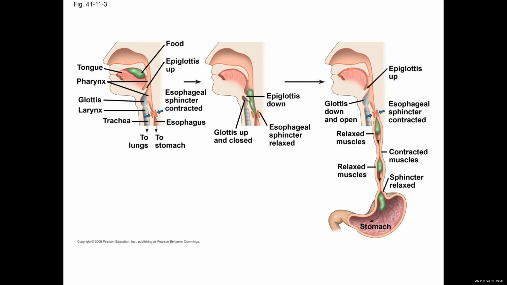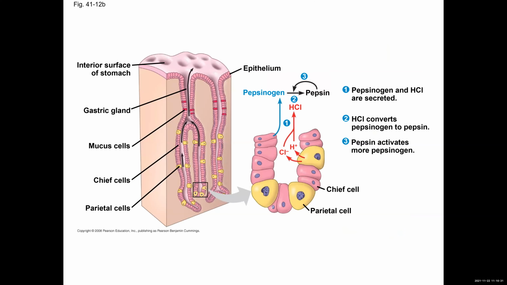The stomach's job is to store and mix food, and what it's going to mix the food with is digestive enzymes that are specifically to digest proteins, right? The other thing that happens in the stomach is the secretion of hydrochloric acid. This is going to increase the acidity or decrease the pH. There's a couple of reasons to do that.